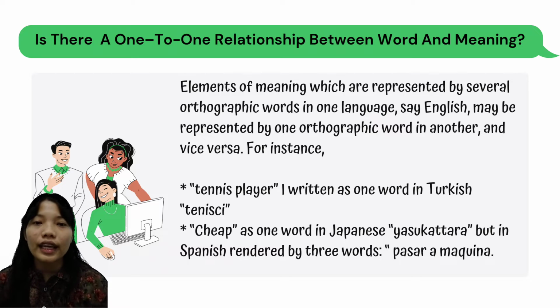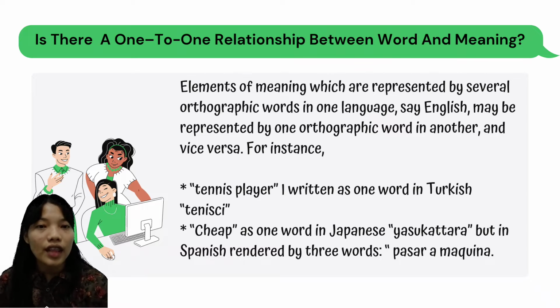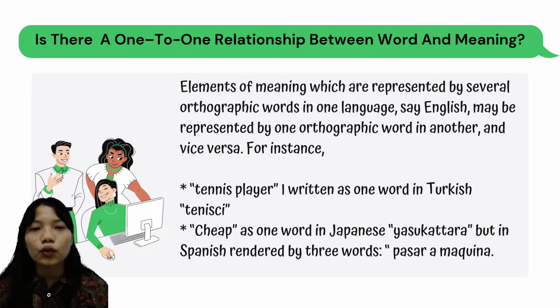Elements of meaning which are represented by several orthographic words in one language, say English, may be represented by one orthographic word in another, and vice versa. So for example, tennis player is written as one word in Turkish, tenisçi.